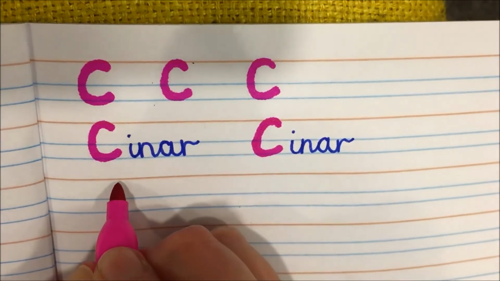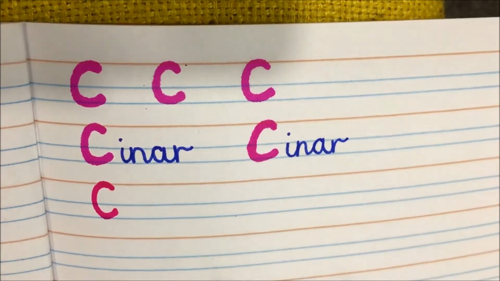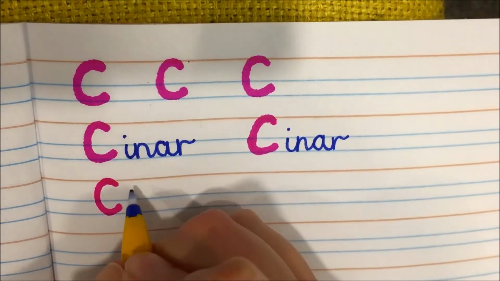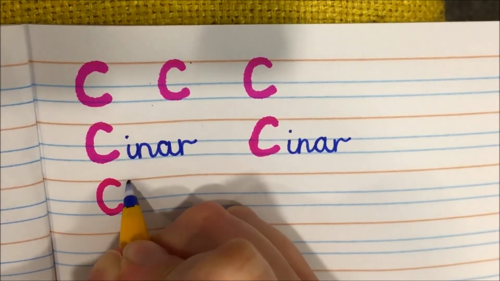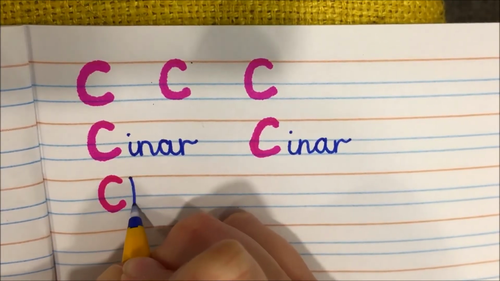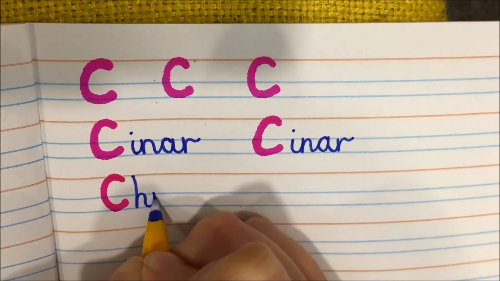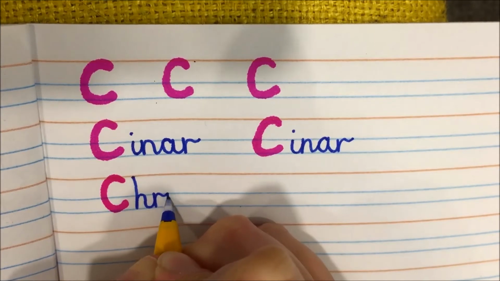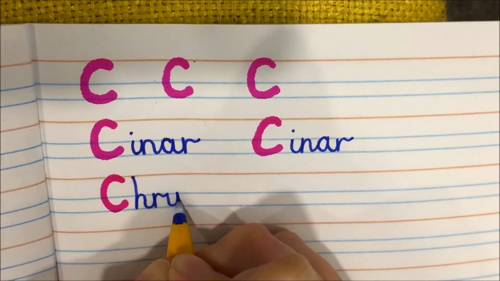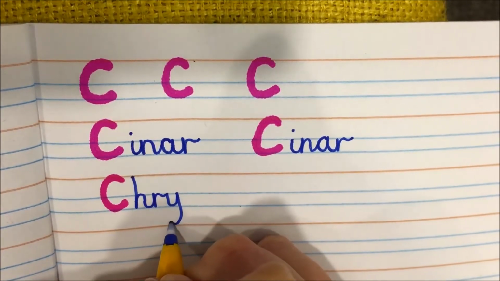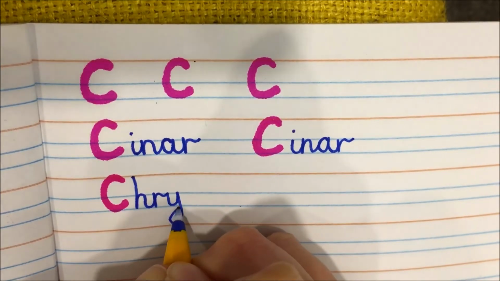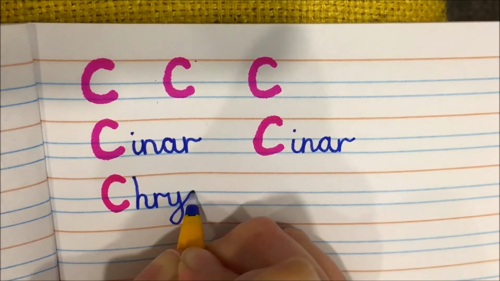Watch first of all, so capital C. Small space. Then it's an H, it's got an ascender, so red line down to bottom blue line, over. Then we've got an R, up, down, up, wiggle. Then a Y, which goes down, it's a descender to the bottom. Then we've got an S, and then we're going to write shell.